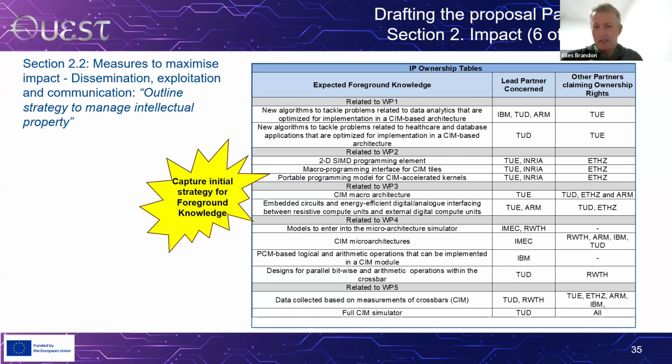We'll create a consolidated table with all the contributions from the partners, and then we'll circulate it amongst all the consortium partners so that everybody sees what everybody else has written. And then if another partner feels they have some kind of role or contribution to that particular innovation or foreground knowledge, they can put it in the relevant column.